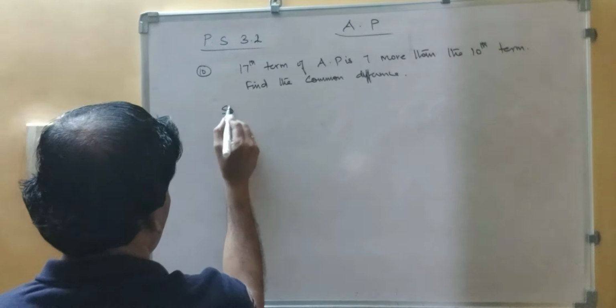Now listen very carefully. This is an AP they have given. So let the first term of the AP be A and the common difference be D.